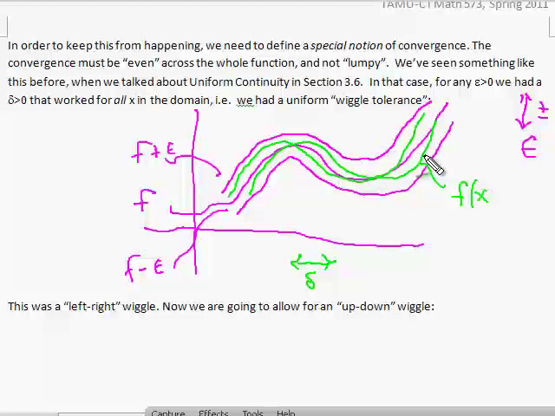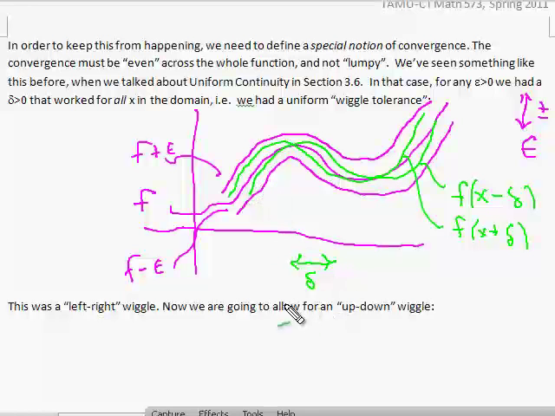This is going to be f of x minus delta, and then this one here is f of x plus delta. But the whole idea is that we had this uniform sleeve such that if we made our left-right wiggle small enough, we could keep the function uniformly within this sleeve.